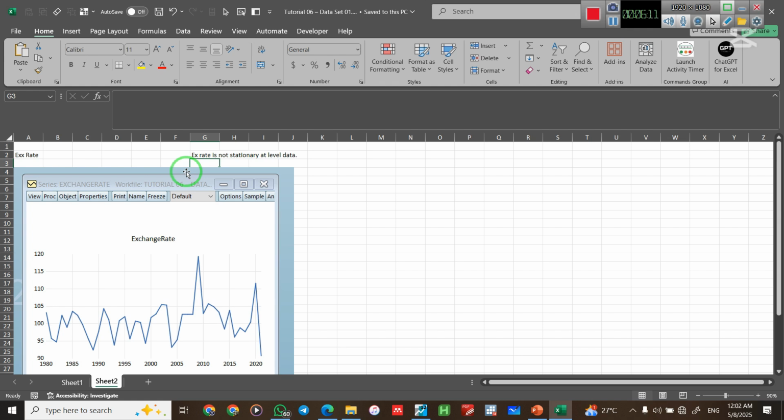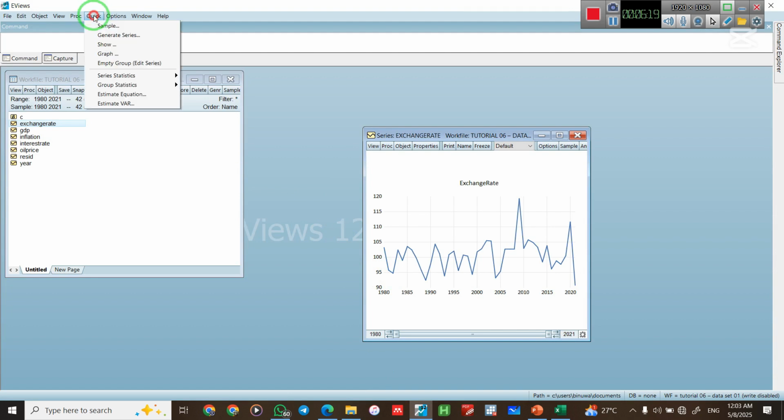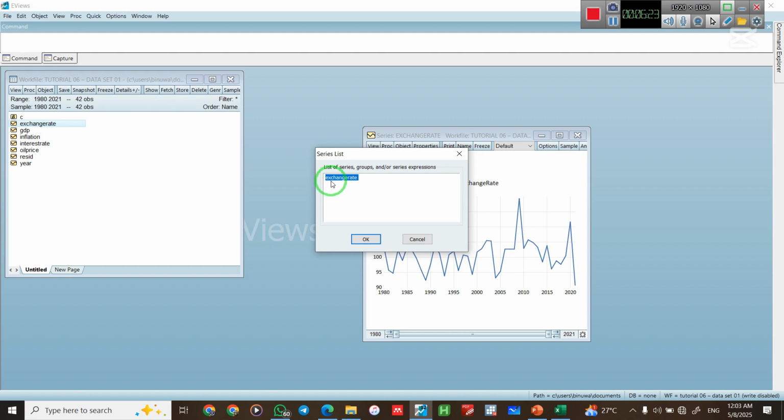Since we say this is not stationary, now we can go to EViews and try to estimate the exchange rate at its first difference and identify whether it is stationary at first difference or not, right?